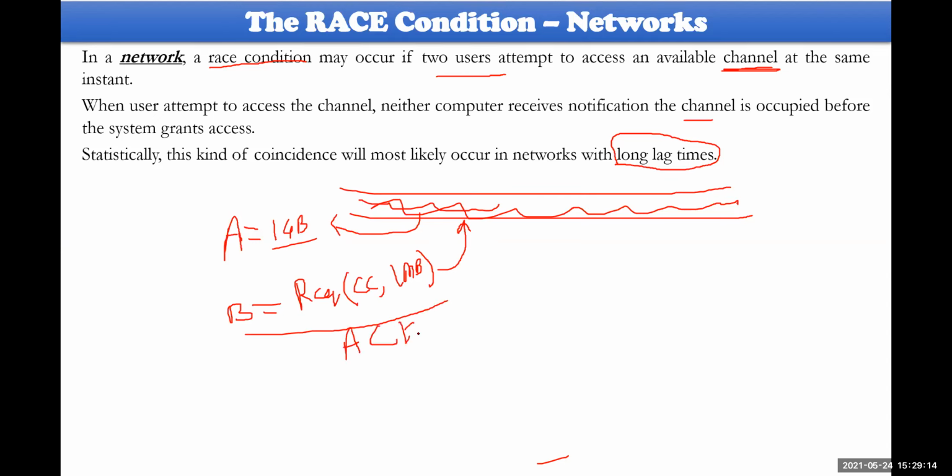The ACK will come back, and this communication channel will be allocated to B. Otherwise B cannot get the channel. If this kind of situation occurs, it is called a race condition. Of course, in terms of networks, it is called congestion.